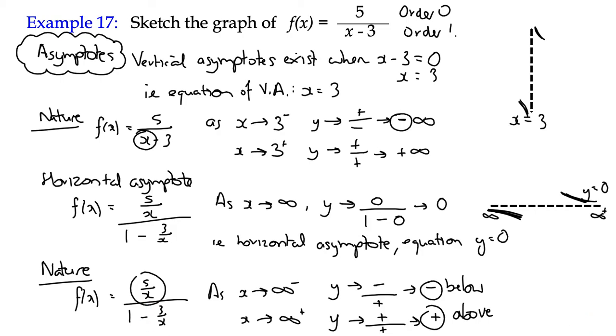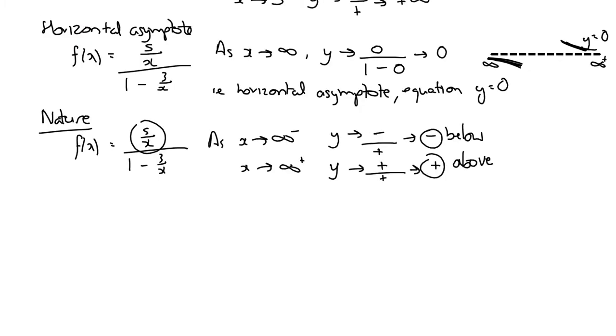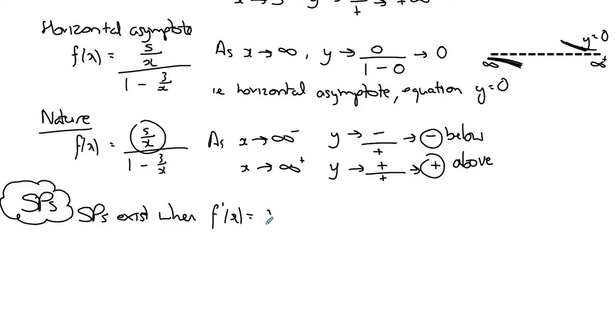So we need to just have a look at part 2, which is stationary points. And we can write down stationary points exist when the derivative f dash of x is equal to 0. Well, what did we have as our function? The function was 5 over x minus 3, which we're going to differentiate, so I'll rewrite it as 5 times x minus 3 to the power negative 1.